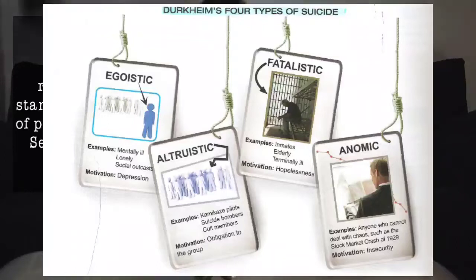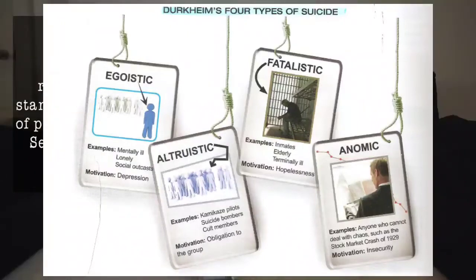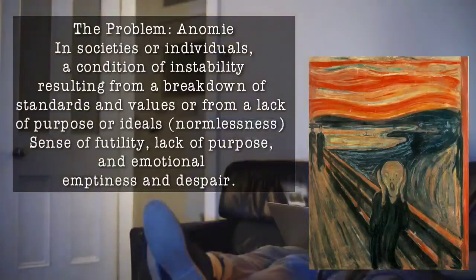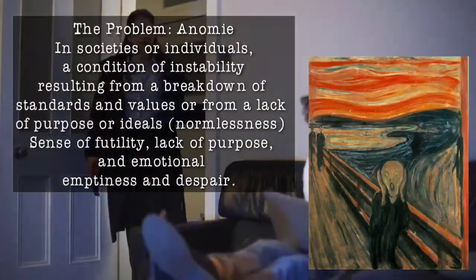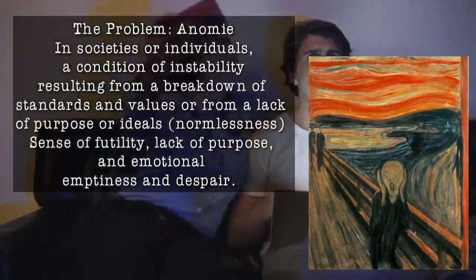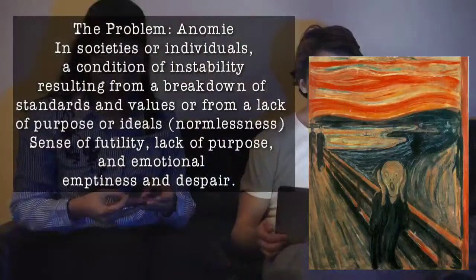The last two are fatalistic and anomic. Fatalistic motivation is due to hopelessness, and anomic is coming from insecurity. So based on the study of Emile Durkheim, those were the reasons for taking our lives or committing suicide.